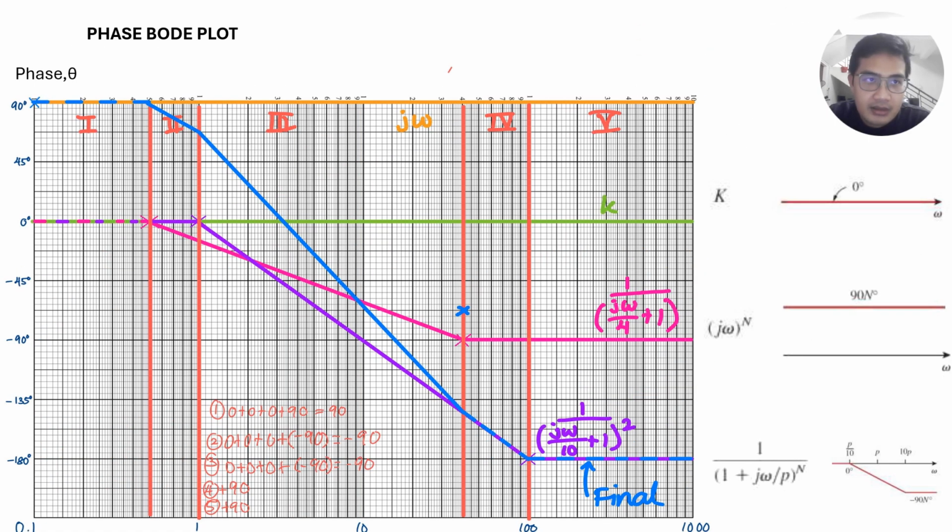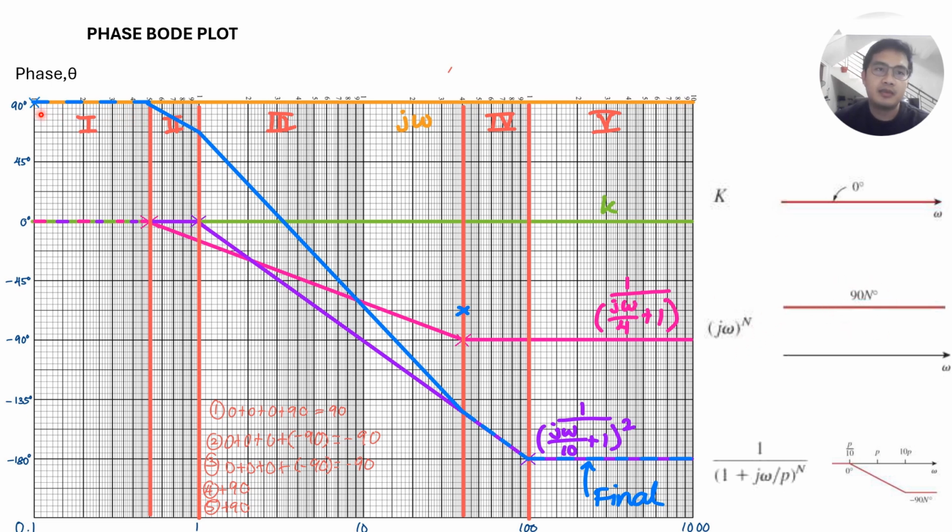Now for the second Bode plot, the phase Bode plot, as you can see here, from the factor here, this is the zero and pole. So gain, as you can see, is 0 degree, and then for the jω it is at 90.